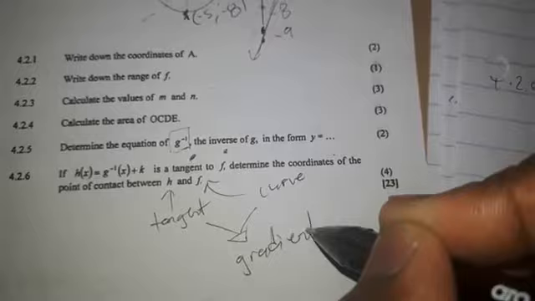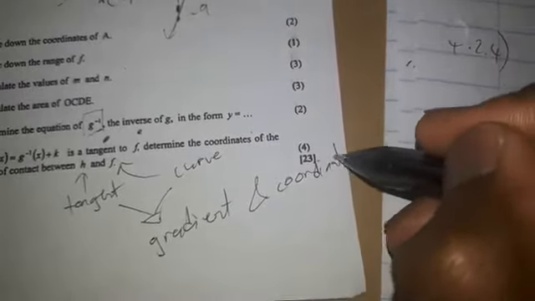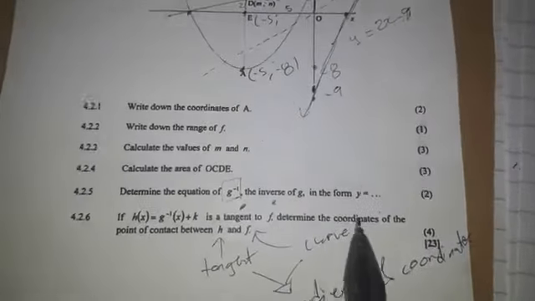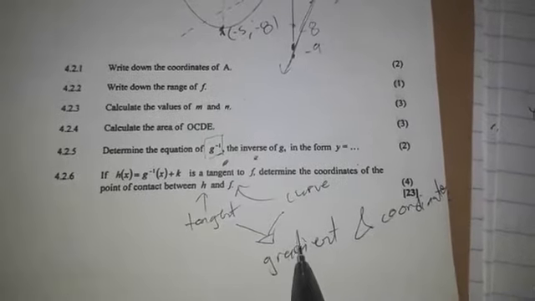They will always have the same gradient and the same coordinate at the point where they meet. These are the two big things that they share. So to find the coordinate where they meet, we can use the gradient that they share. If you want a gradient, you can use the coordinate. If you want the coordinate, you can use the gradient.